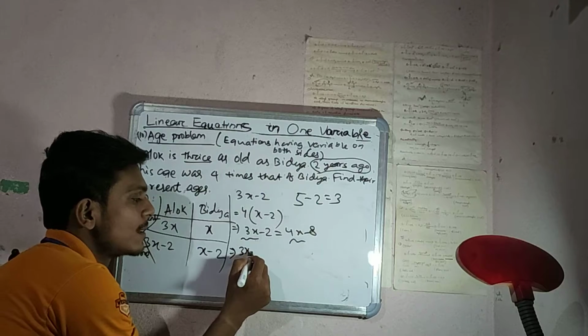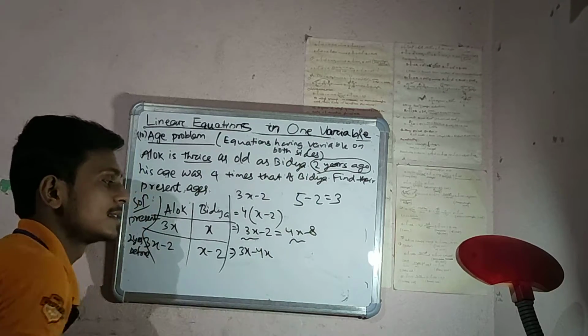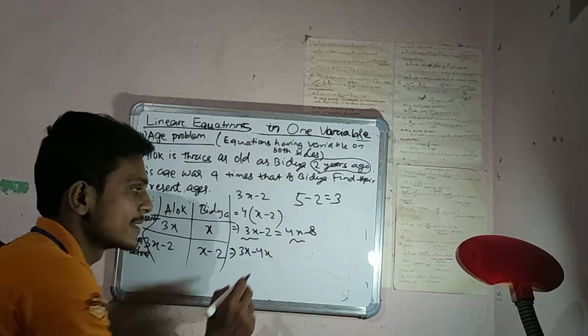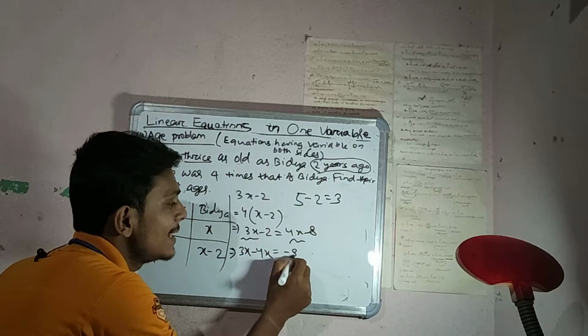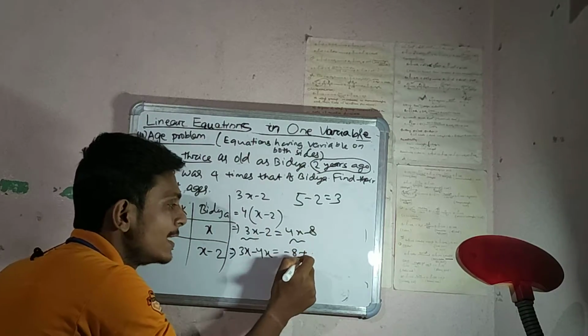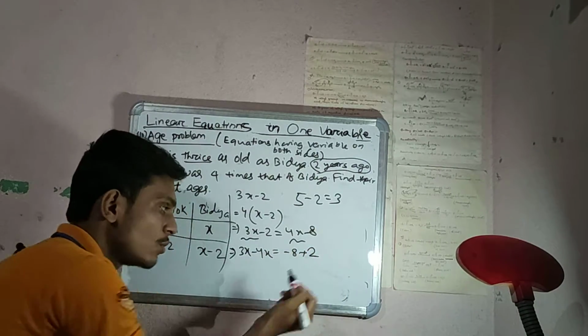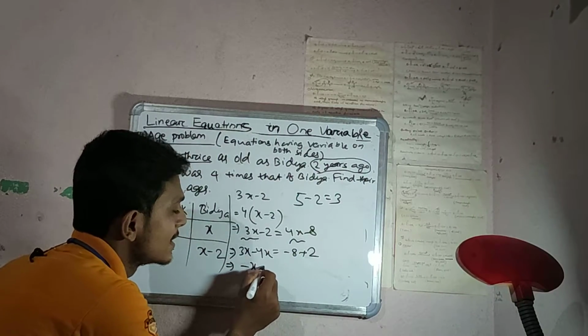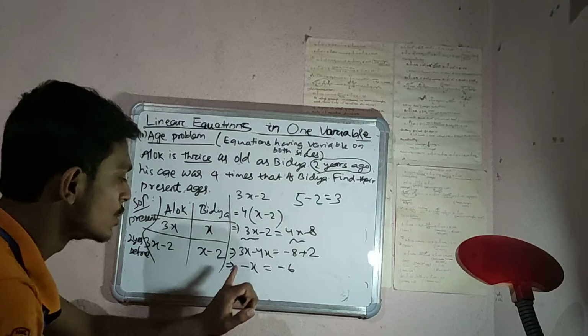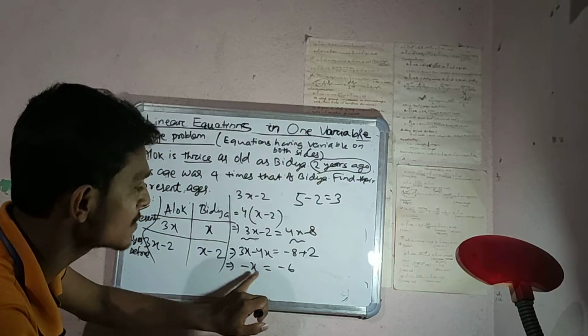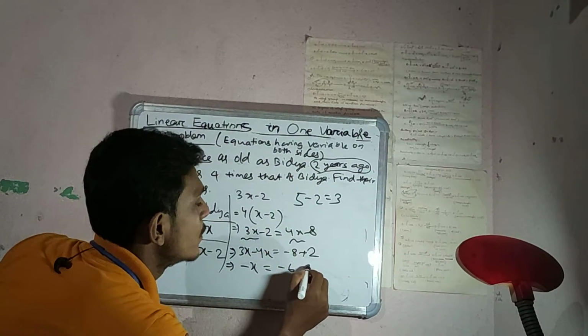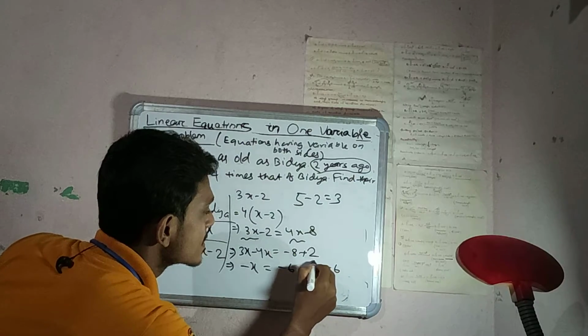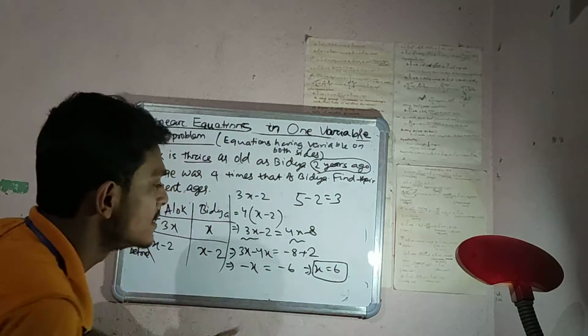So 3x minus 4x is equal to minus 8 plus 2, because when minus 2 changes side it becomes plus 2. So 3x minus 4x is minus x, equal to minus 6. Minus signs cancel to give x is equal to 6.